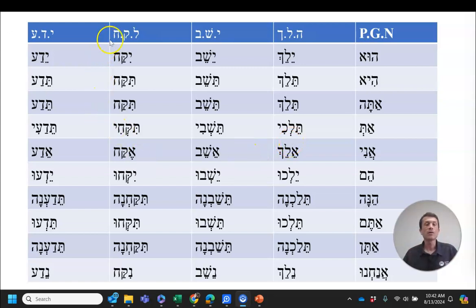Now this other one over here from lakach actually acts just like first noon roots will do the same thing. So think of first lamed, first noon, they'll follow the same paradigm. What happens is the lamed doesn't just disappear. It kind of balls itself up and hides as a dagesh forte in the next root consonant. This is called assimilation.